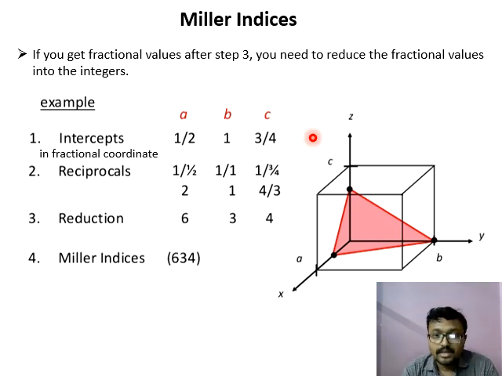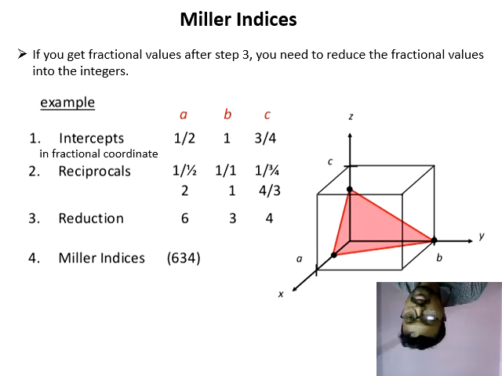In the cubic unit cell, which is our main focus, we have seen how to calculate the Miller indices. These Miller indices indicate the crystal plane. There are 3 steps: we have to find the intercept, then take the reciprocal, and then we will get the Miller indices value.